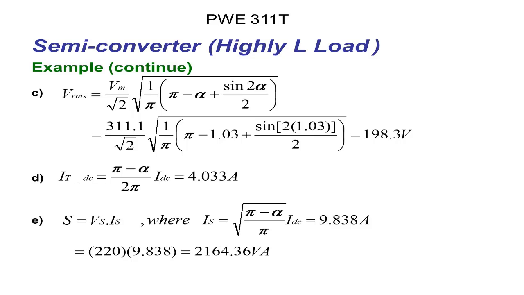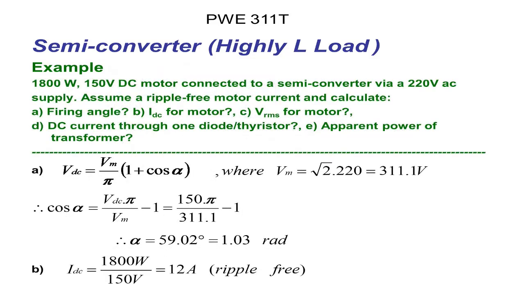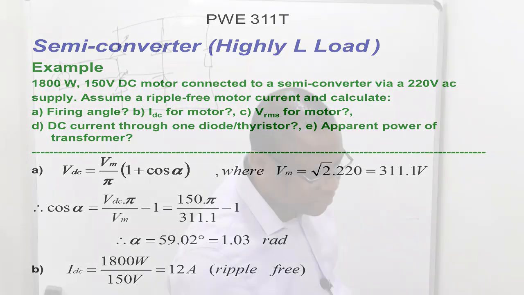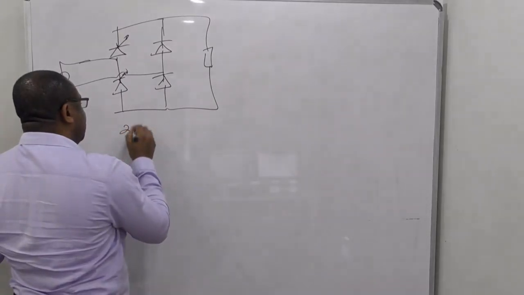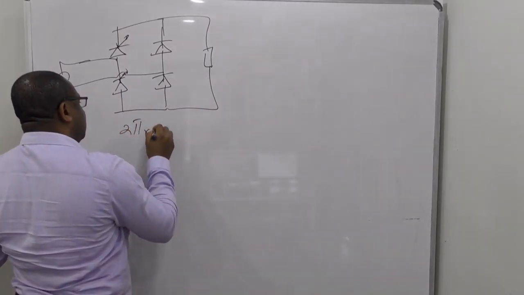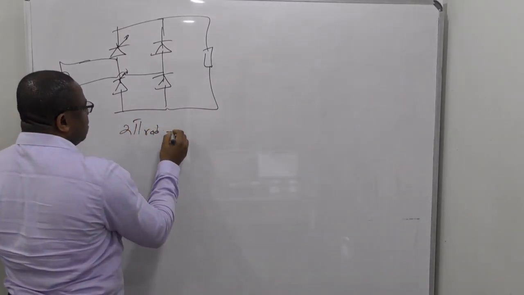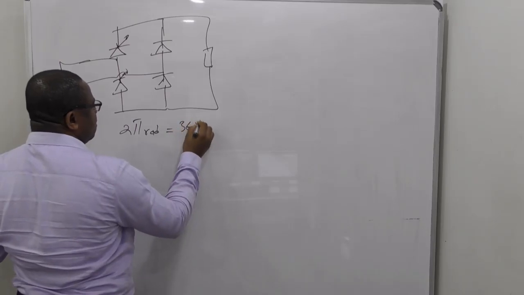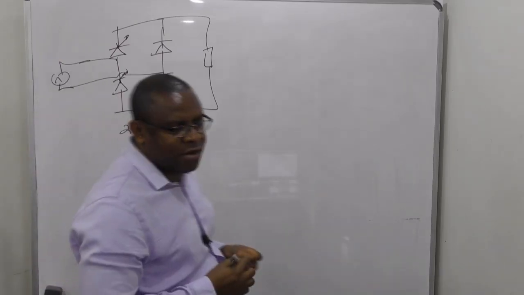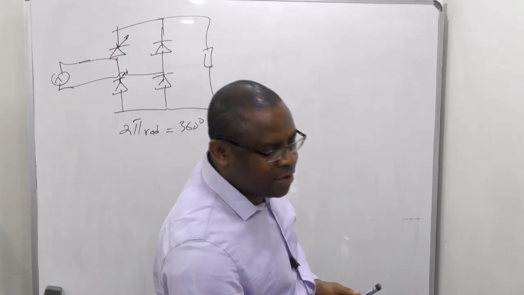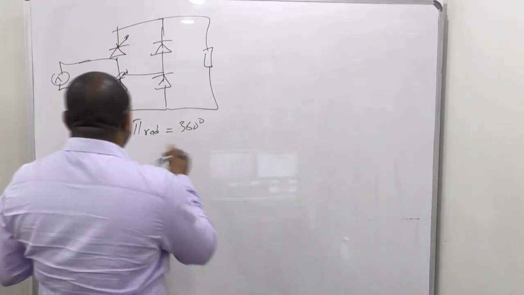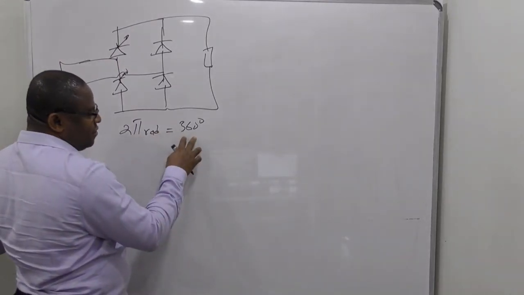You should know that 2 pi radians is equal to 360 degrees.